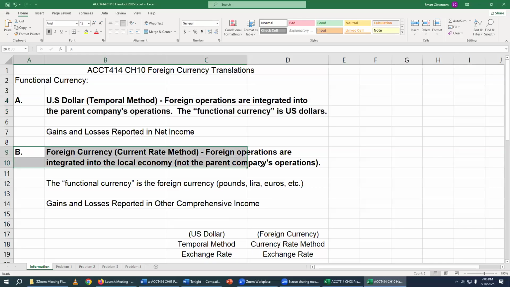Now, leaving it in the foreign currency has some advantages. The tax rates are oftentimes different in other countries, and generally you don't get taxed until you bring that into the United States. So if you leave it over there, you don't get taxed on it.